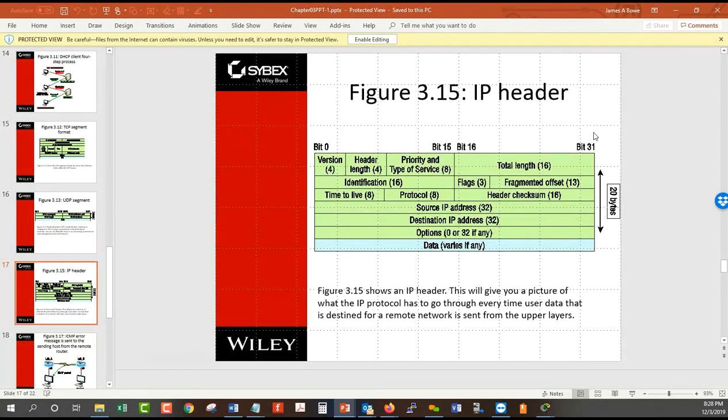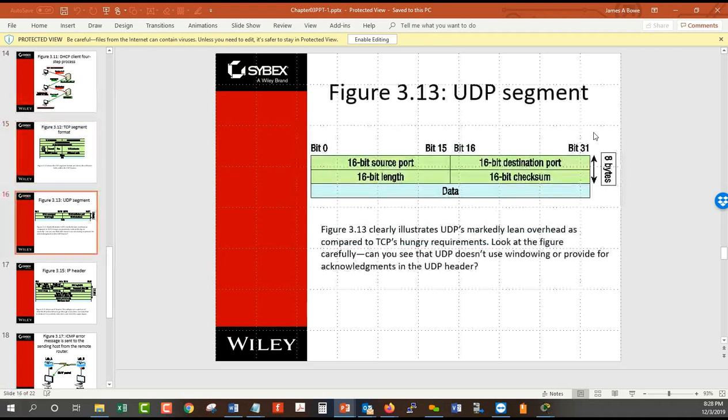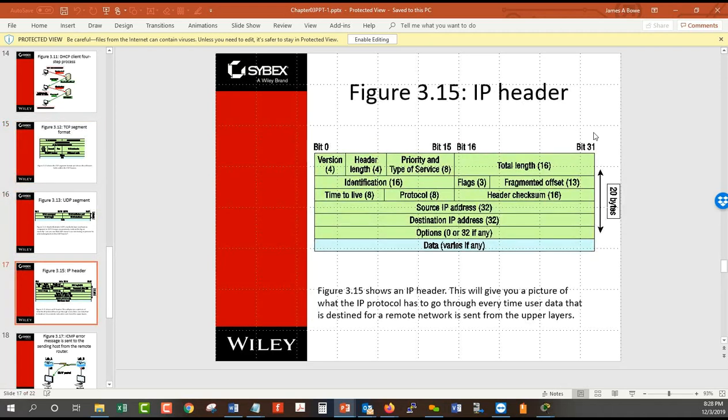So here you've got source IP, destination IP, 32 bits, not to be confused with these 32-bit sequence numbers or acknowledgement numbers. Okay, this is a segment. This is a packet. Okay, so keep those clear.